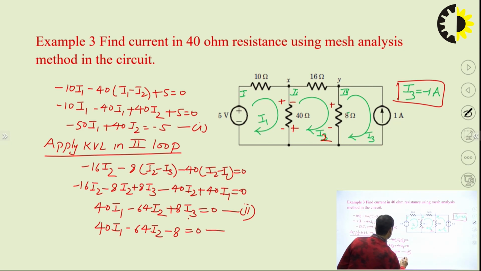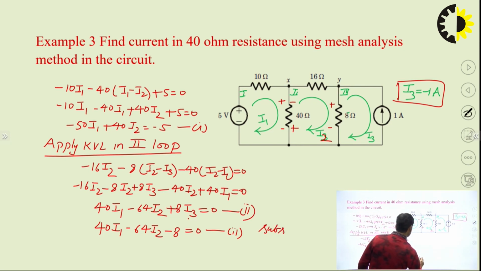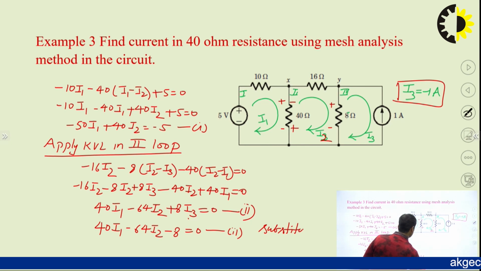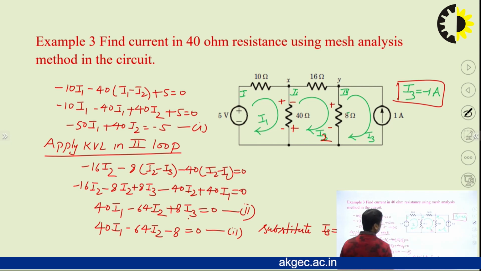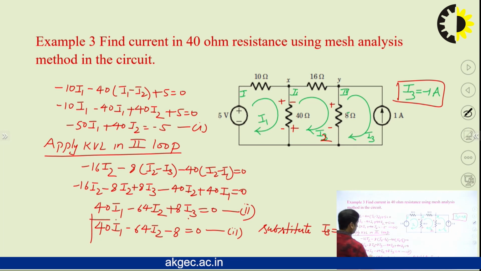This is the second equation. Substituting I3 is equal to minus 1, we will get this equation.